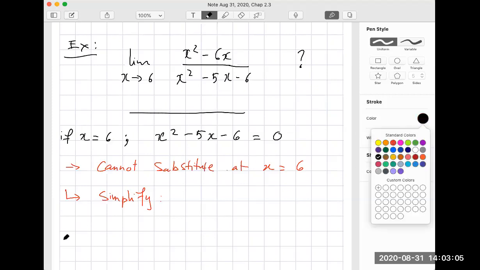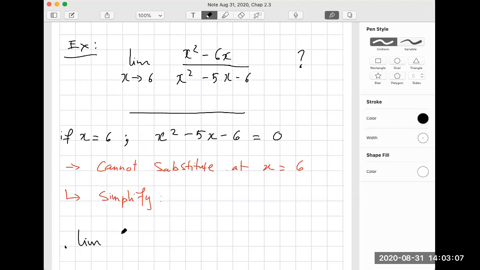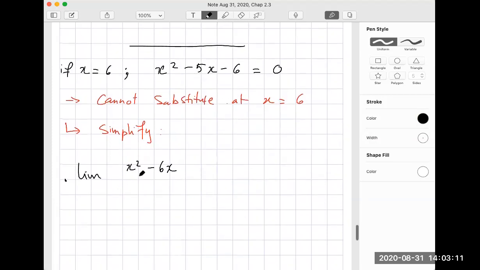So write it down. Limit of (x squared minus 6x) divided by (x squared minus 5x minus 6) when x approaches 6. So we see that in the numerator, we can factor out the common factor.